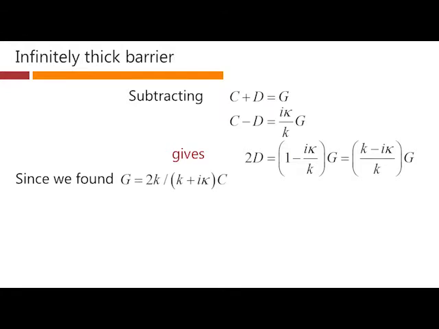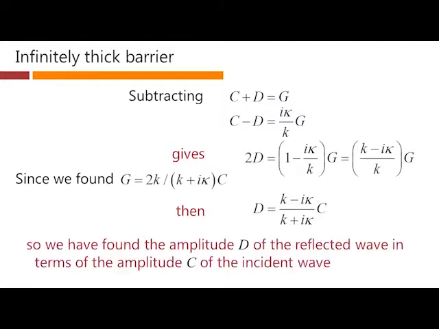So we already found that g was equal to 2k over k plus i kappa times c. Substituting that into here, we have that d is equal to k minus i kappa over k plus i kappa times c. So we found the amplitude d of the reflected wave in terms of the amplitude c of the incident wave.